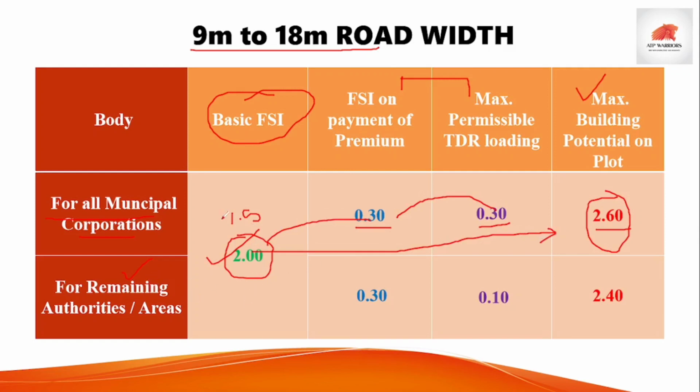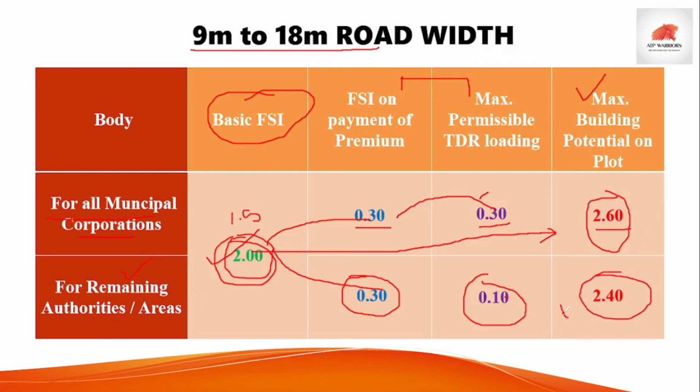For the remaining authorities, the basic FSI for road facing 9 meter to 18 meter road width is 2, and the FSI on payment is 0.30, and here the difference comes. Here the TDR is 0.30, but there it is 0.10. Because the maximum TDR potential is decreased by 0.20 in remaining authorities, the maximum building potential is also decreased by 0.20, and the summation of all this is 2.40.